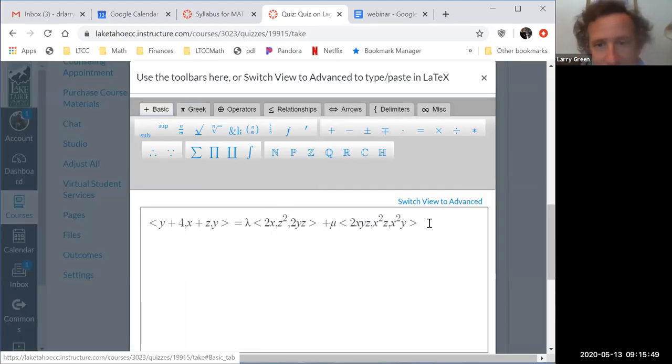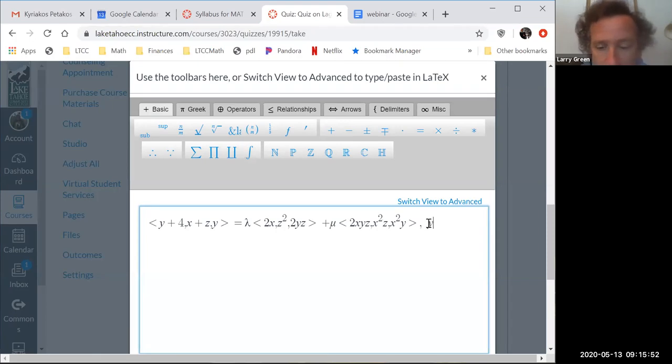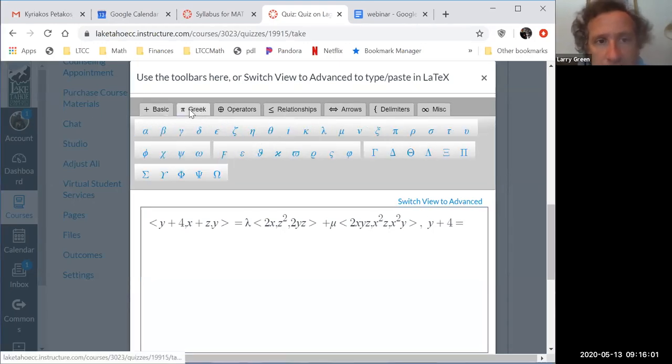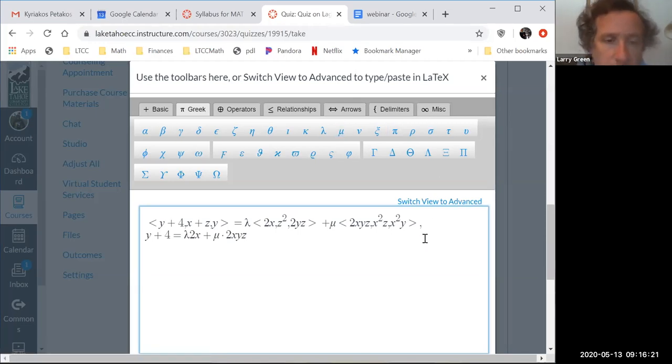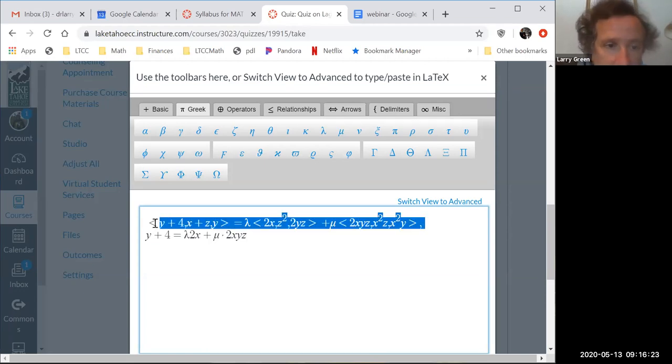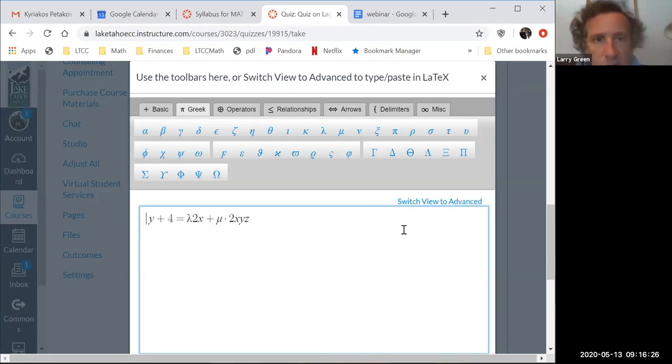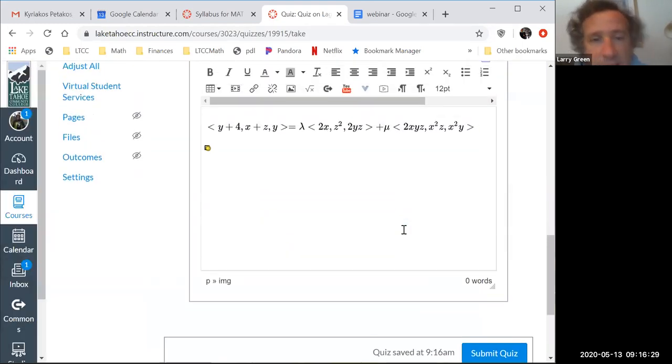I'm just going to write y plus 4 is equal to lambda times 2x plus mu times 2xyz. Any questions on the first equation? Okay, let's save that one and go to the second equation.